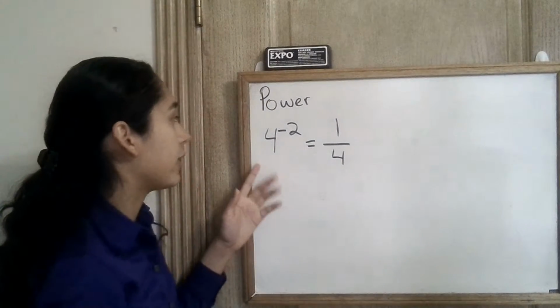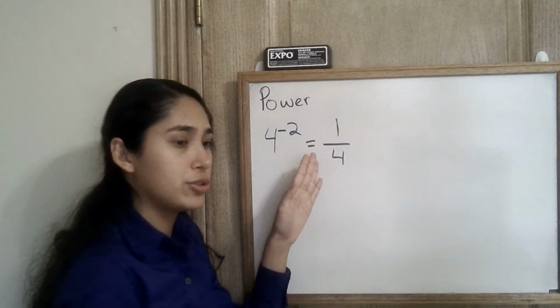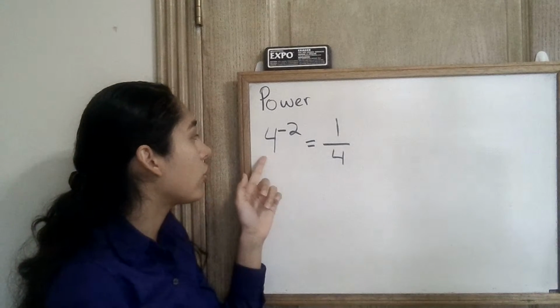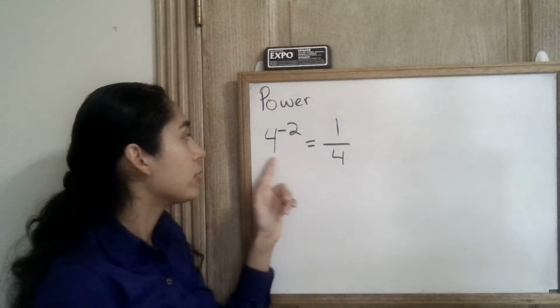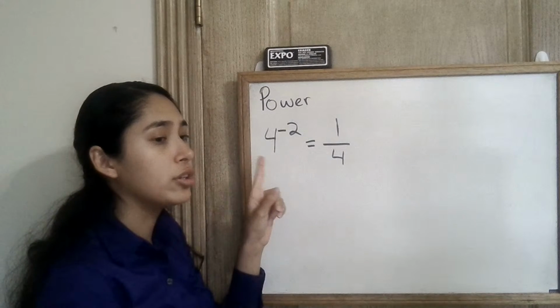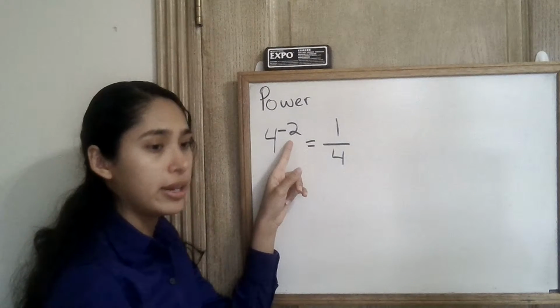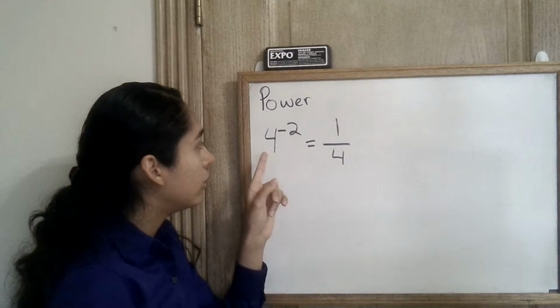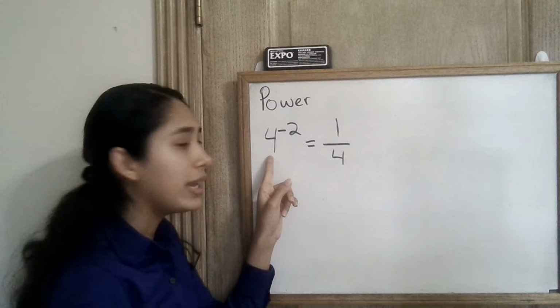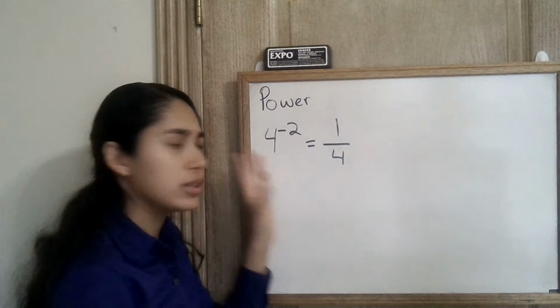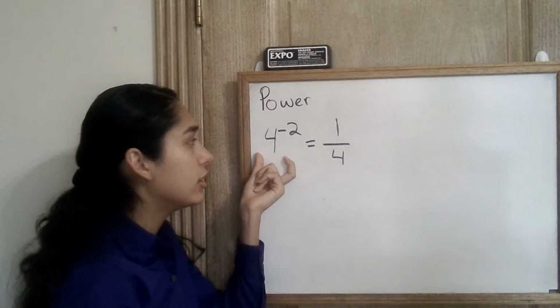Because there's no other value, we just have 1 as our numerator. And remember how I called this 4 the base? This is called your exponent.